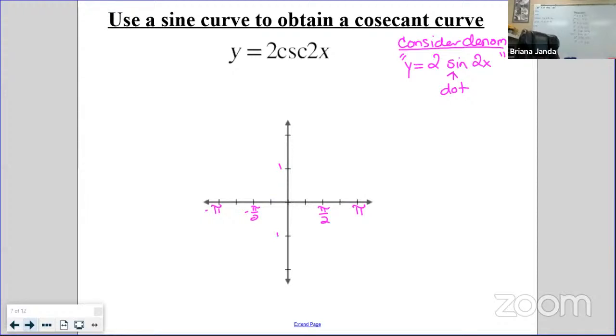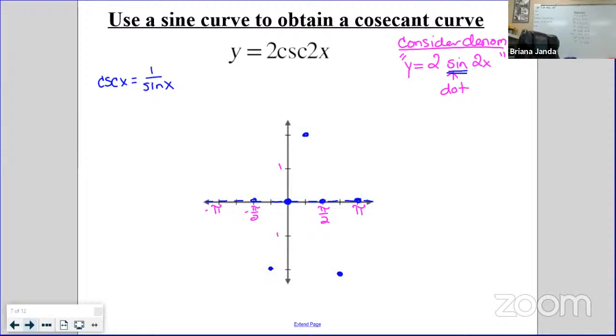Our midline did not move. I will still draw in my midline, just like normal. And just like we did in our warm-up, I am dotting out the reciprocal of cosecant. And cosecant is 1 over sine. So I always think about the denominator. Dot out a sine curve with an amplitude of 2. So it is like we are doing the warm-up all over again.